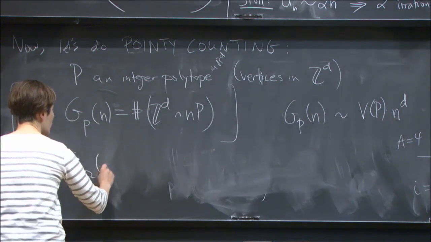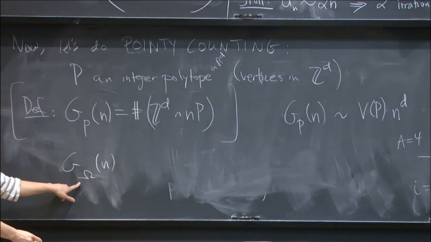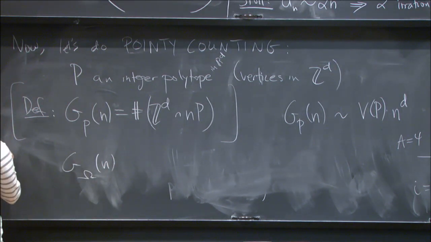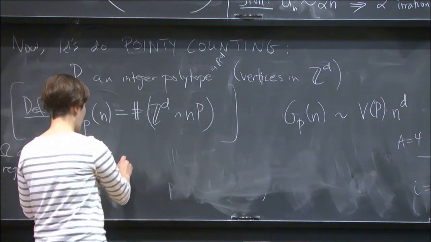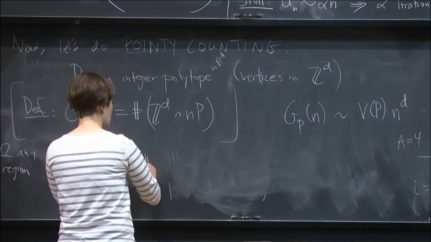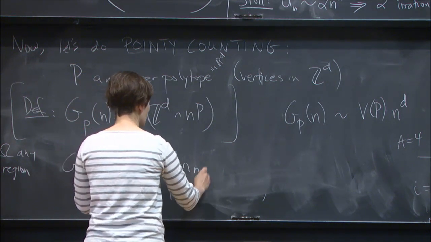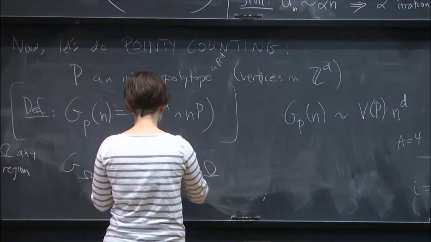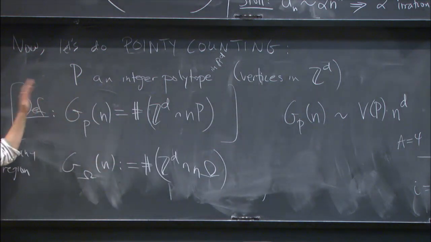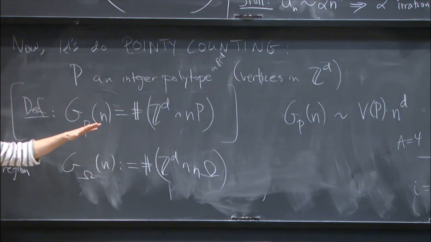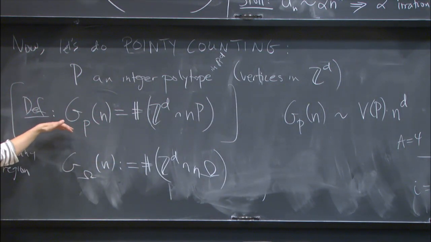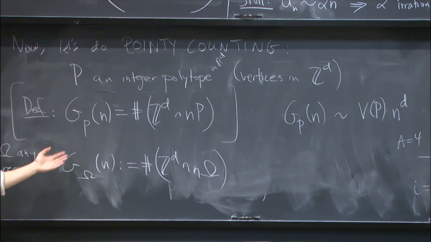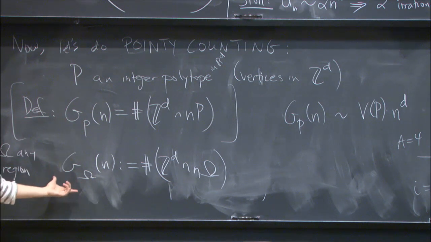I can do this enumeration for any region at all. I can certainly consider this counting formula, which is just a definition: the number of Z^d points in n omega. What's special about polytopes is coming up. There's a theorem that tells us what the answer is for polytopes that I haven't stated yet. But this is defined for any region at all.